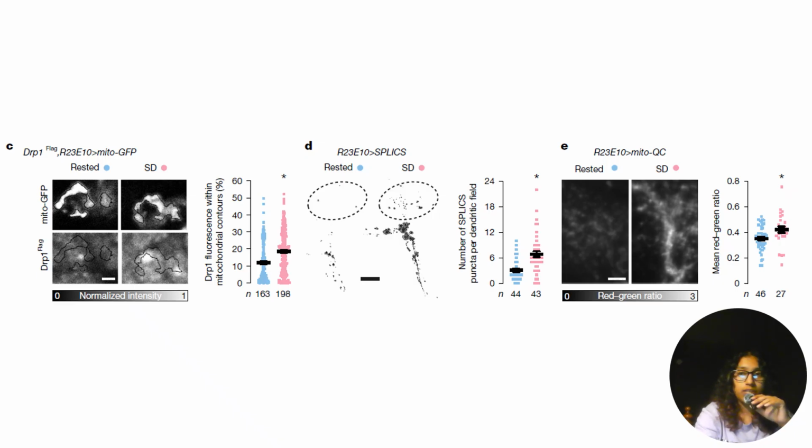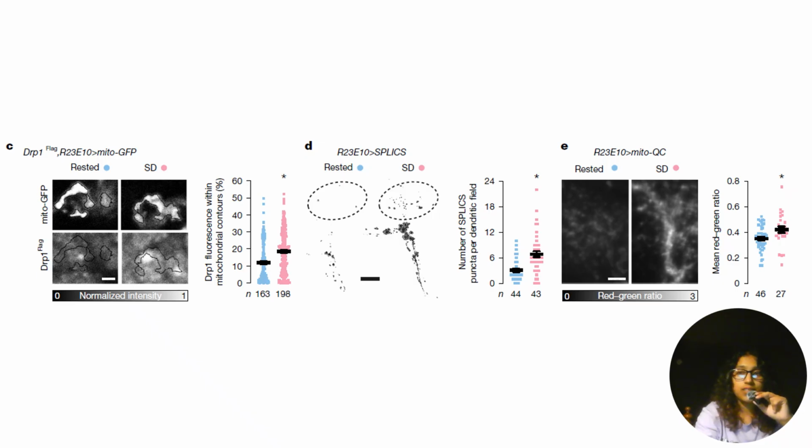Sleep deprivation actually increases the recruitment of DRP1 to the mitochondrial surface in the DFNBs, which promotes mitochondrial fission. And this is evidenced by the relocation of the DRP1 from cytosol to mitochondria after sleep deprivation. Sleep deprivation leads to mitochondrial fragmentation, which is mediated by DRP1, right?